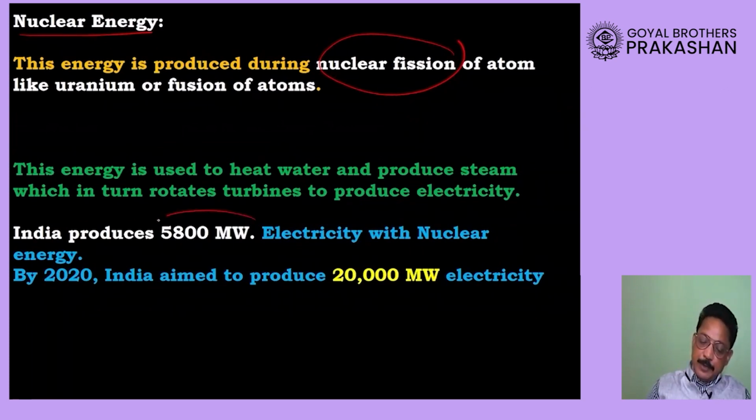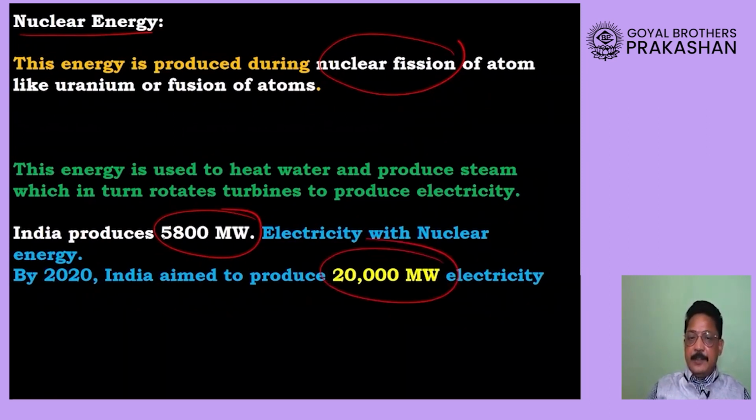Our country produces 5,800 megawatt of electricity using nuclear energy, but our country had the capacity of 20,000 megawatt of electricity production by 2020. So India is making a lot of effort to produce nuclear energy.